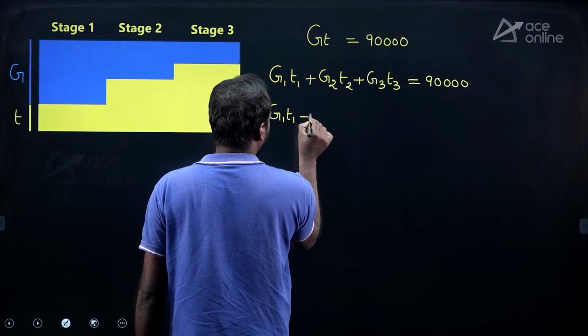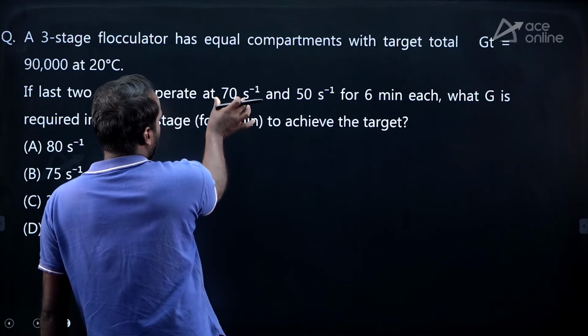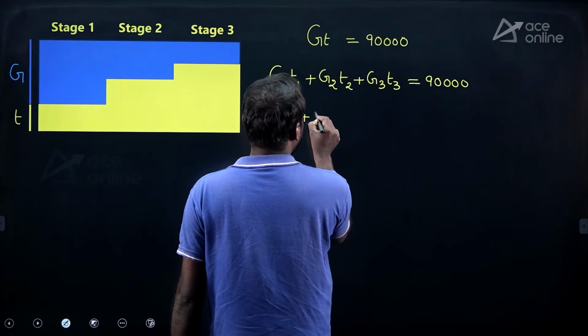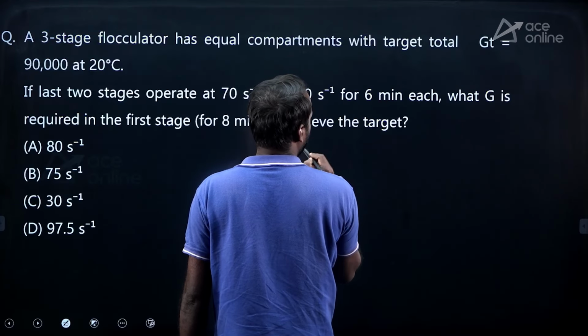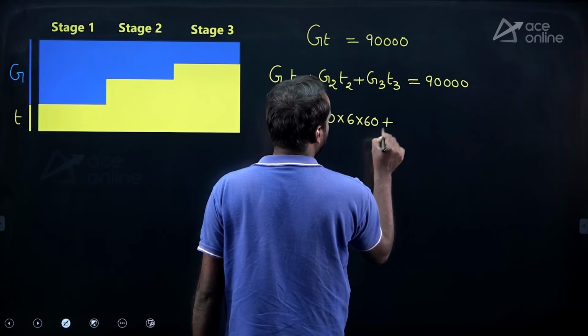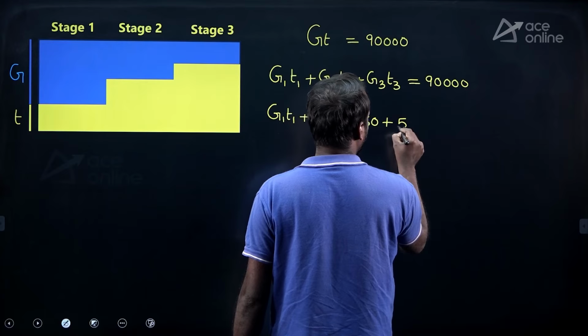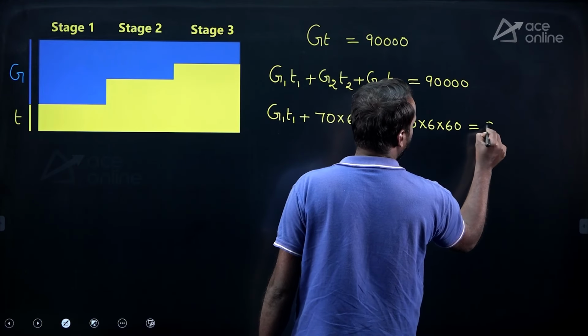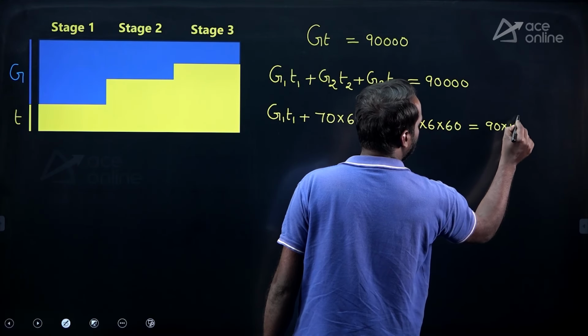G1 T1 plus 70 into 6 minutes, 60 seconds, plus 50 into 6 minutes, 60 seconds, equal to 90,000, right?